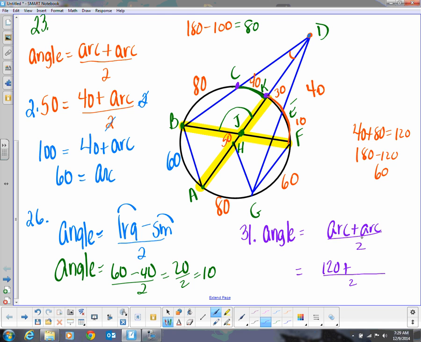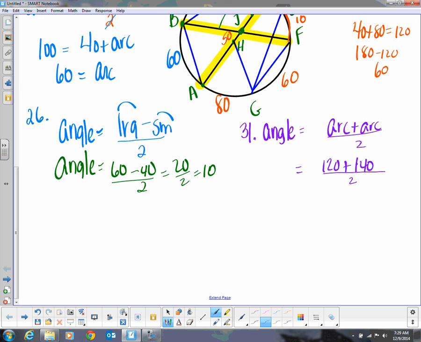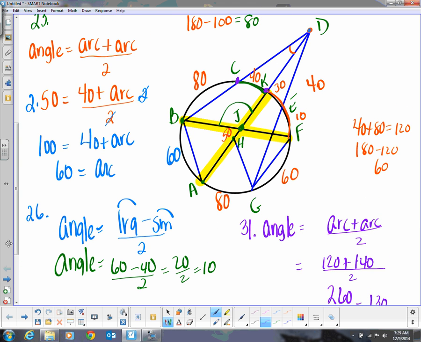Is it 80? Is it 60? What is it? Yep. So you're going to add those up. You're going to get 260 divided by 2, which is 130. Okay, what's next?